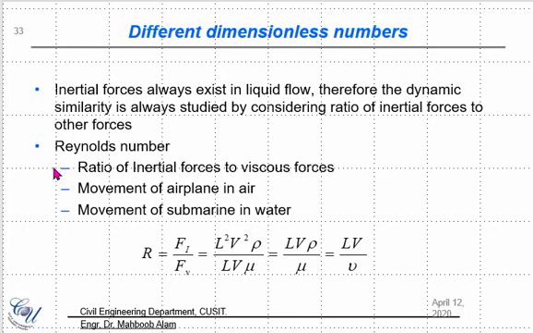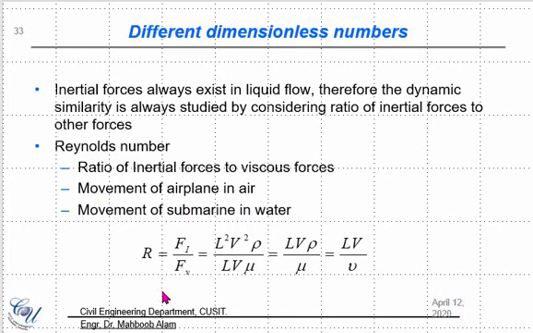First of all, Reynolds number. We already know that Reynolds number is the ratio of inertial forces to the viscous forces. Examples where the Reynolds number would be used are the movement of an airplane in the air and the movement of a submarine in the water.